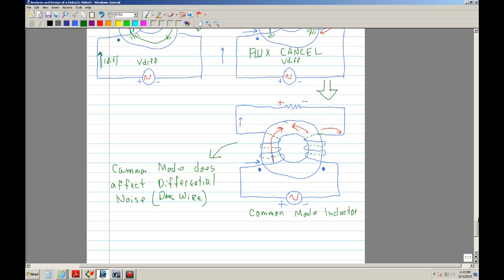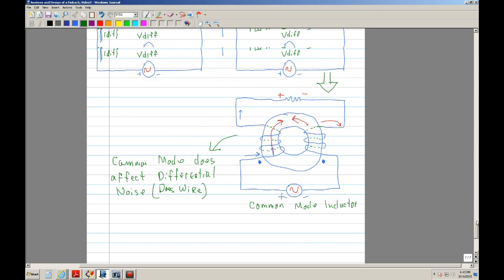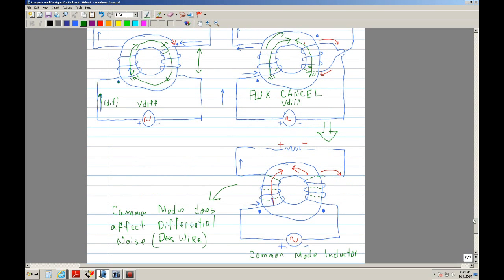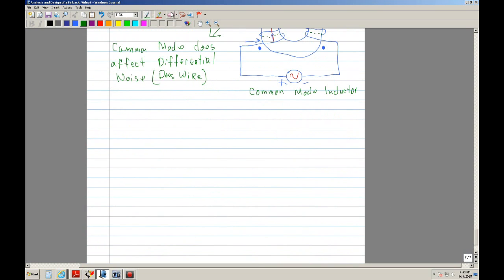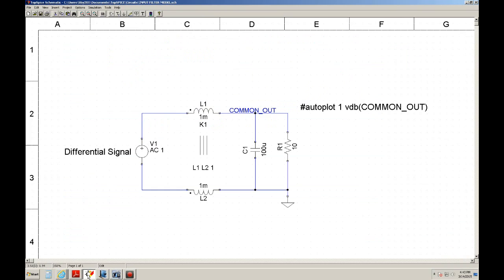Okay, so let's illustrate that. Let's do a SPICE simulation that will show that effect. I have a little circuit here. This would be your differential signal.